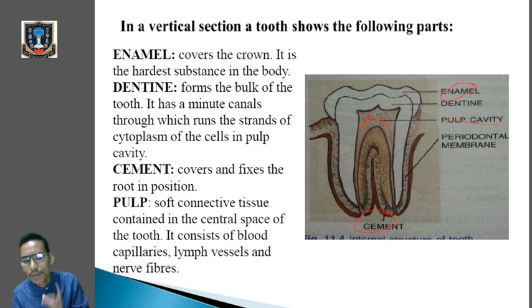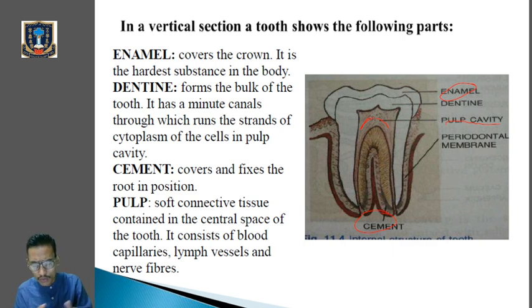It consists of blood capillaries, lymph vessels, and nerve fibers. Clear? Since the pulp cavity contains these, we feel toothache whenever the pulp is damaged or infected.